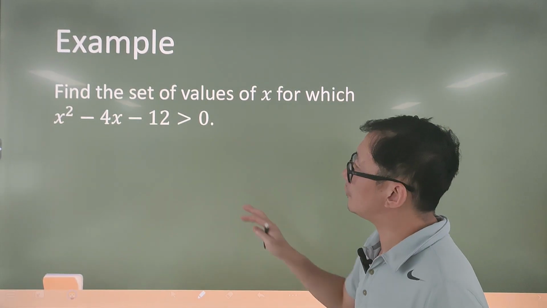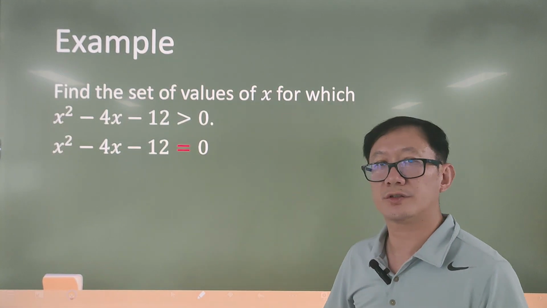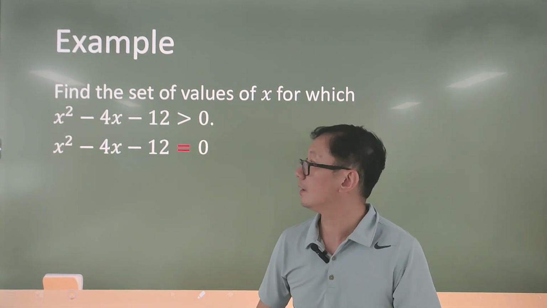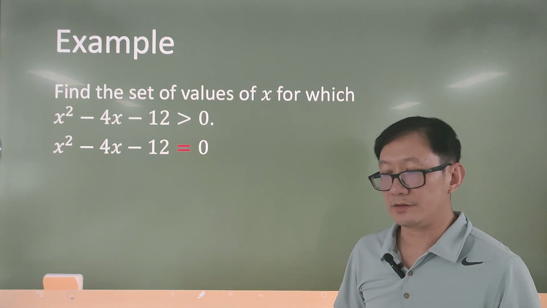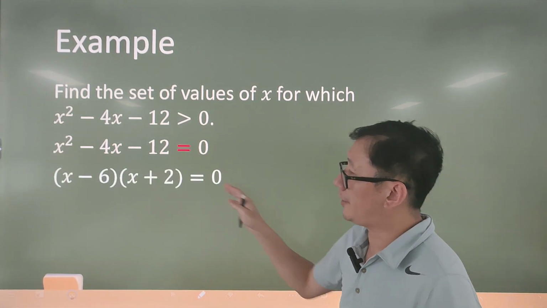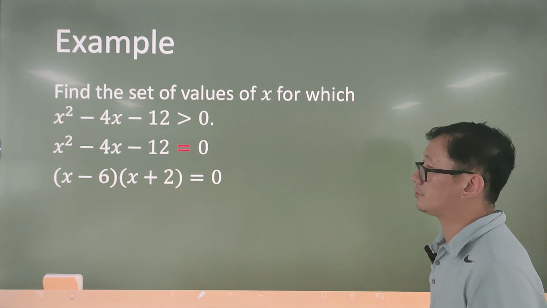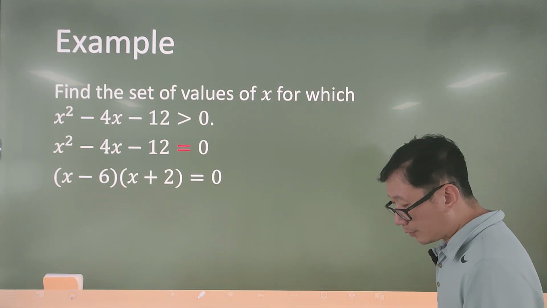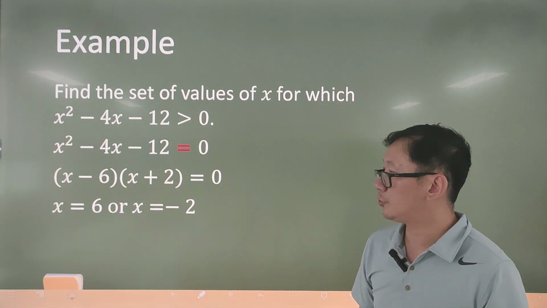So let's assume that it's an equal sign here. We want to do this so that we can find the critical points. Now, how do we go about solving this? There are various ways. Here, we will just do factorization. So it's x minus 6 times x plus 2 equals 0. Therefore, x is 6 or x is negative 2.